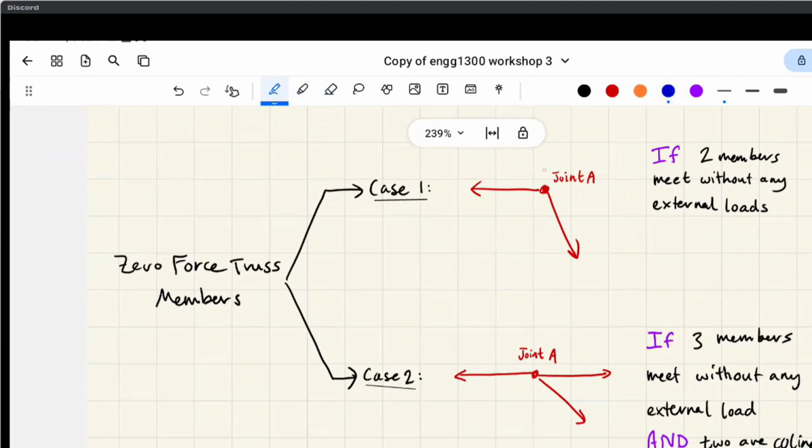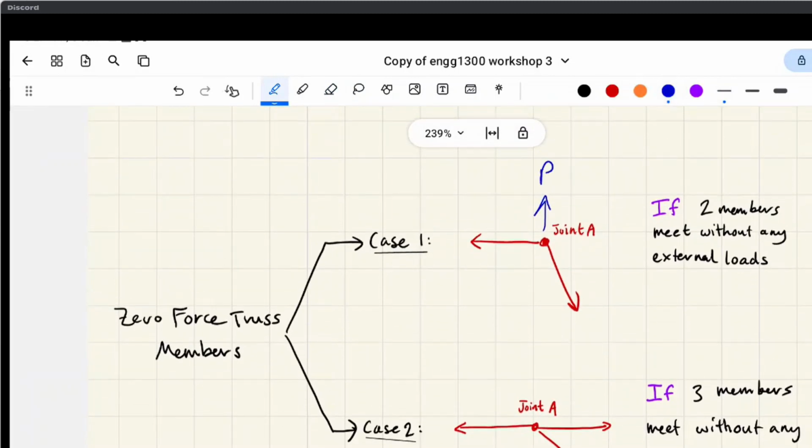What I mean by that is if we have an external load happening at this joint, we're not going to consider that joint for testing for zero force members. The other thing is if there's a reaction happening here, then it's not a zero force member as well. So this is just some random joint without any loading on it. And if that happens, then both of them are zero force.